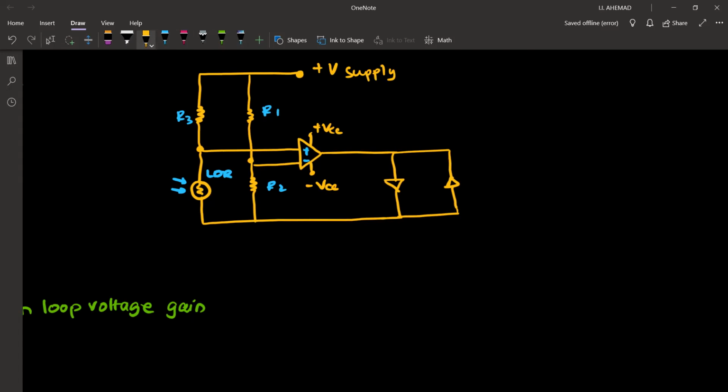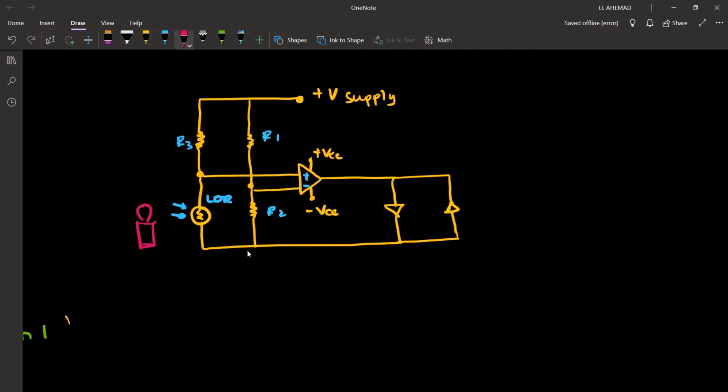Now here we have a candle. When this candle is lighting, the light falls on the LDR.